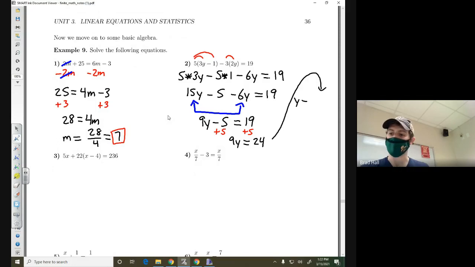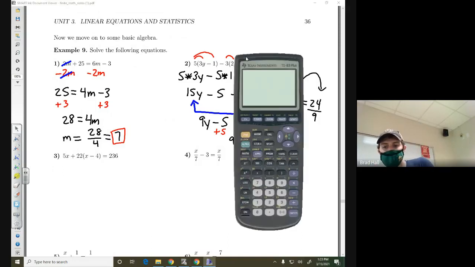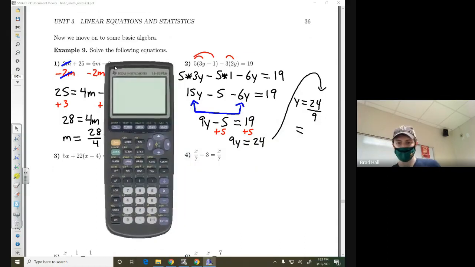And then we can just divide the 9 on both sides. 24 divided by 9. Knowing my math lab, they'll probably ask for a simplified fraction. 24 divided by 9. And let's convert that to a fraction. 8 over 3.